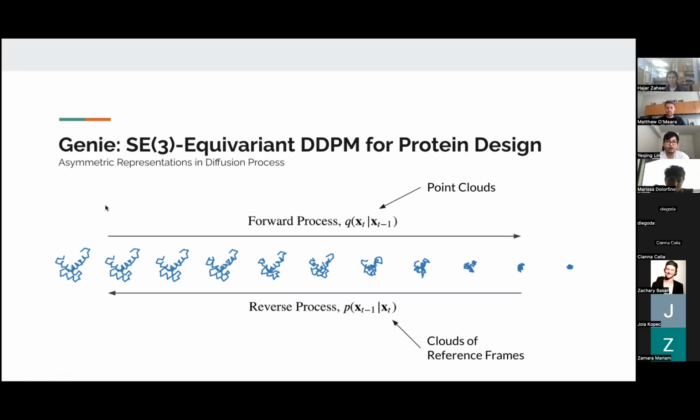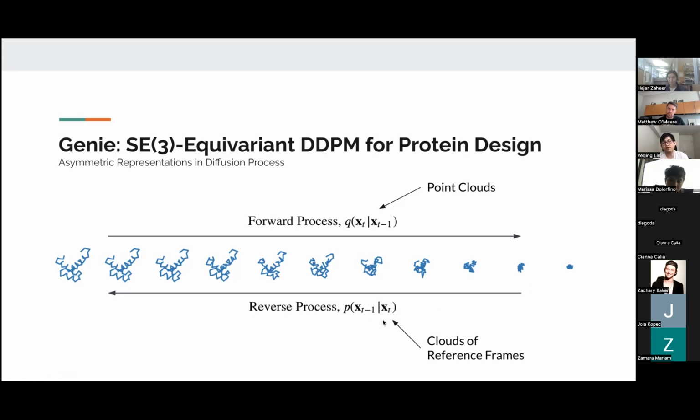For Genie, we are only considering the C alpha atom. So basically what we are learning is the arrangement of C alpha atoms. Here we use an asymmetric representation. In the forward process, we consider each C alpha atom as a point cloud, add Gaussian noise to it, and then denoise it into a Gaussian ball.